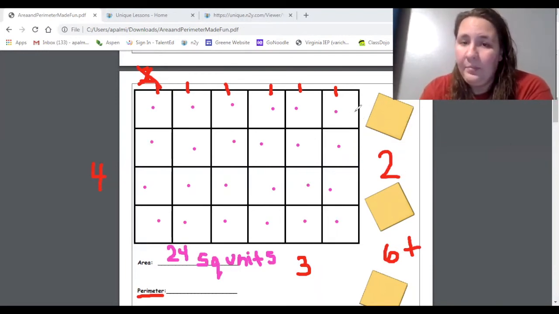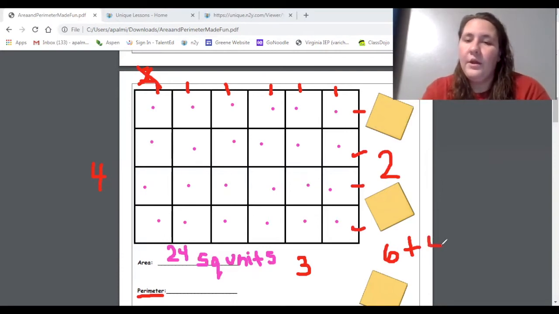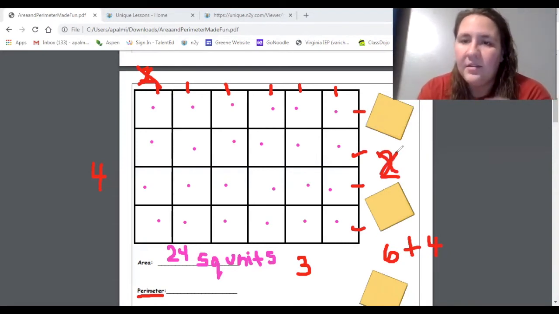Are we ready? 1, 2, 3, and 4. So I'm going to do 4. I'm going to cross out this label. Am I done, or do I have more sides to my shape? Yeah, I have more sides, right? So I need a plus sign.